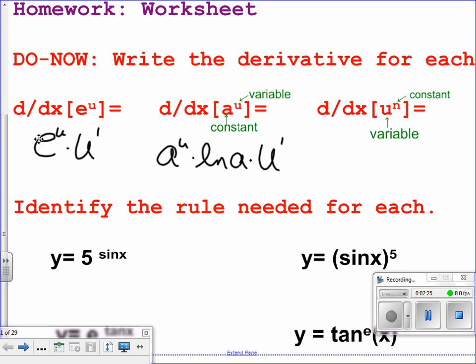What about that old power rule? U prime? That's it? Is there something else with it?